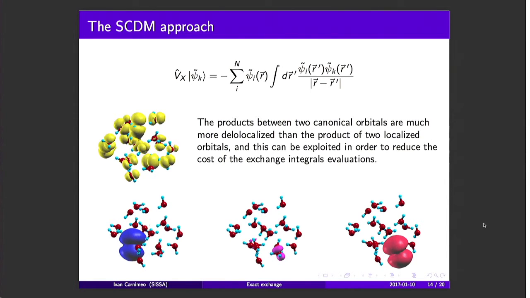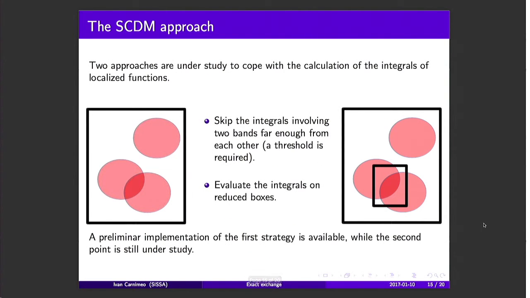And the general idea is that maybe there can exist some algorithm, some way to exploit this localization. In particular, we are thinking about two ways. The first one is that basically, when we solve the exchange potential, we solve a Poisson equation where the density originating the potential is just the intersection, because it's the product between two densities.